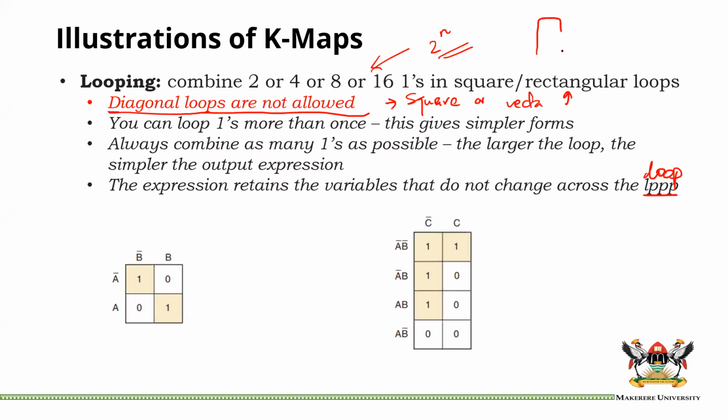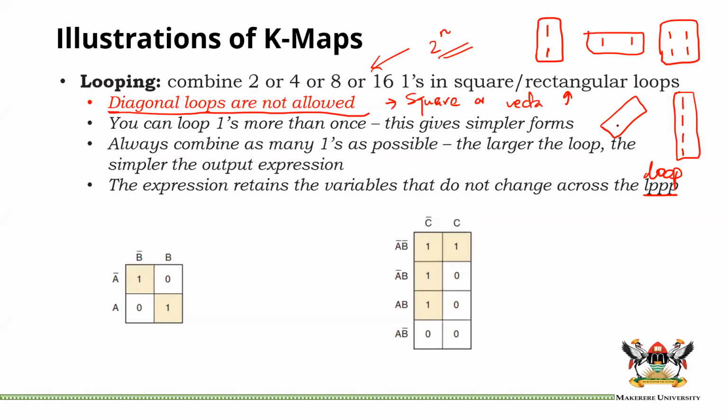So our loops can look like this, or like this, where we have maybe 1, 1, 1, 1, or we have 1, 1 here. We can have loop 4s, stuff like that. But we should never loop that kind of stuff.